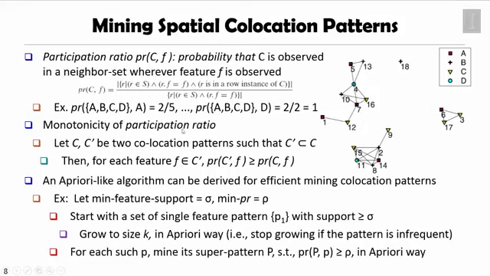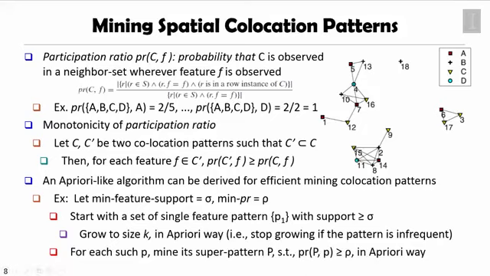Then based on this participation ratio monotonicity, we will be able to find all the super patterns of a single feature or multiple features. Suppose we get a feature pattern P, we want to find its super pattern. We can get a slightly bigger super pattern to see whether it's greater than rho.